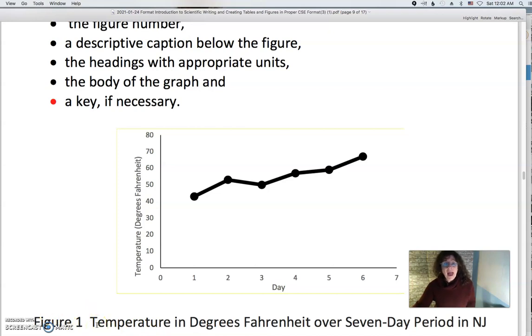The table had the caption above the table. The line graphs have the caption below. This one is temperature in degrees Fahrenheit over a 7-day period in New Jersey. That is below the line graph. And the headings with appropriate units are on the axes. This is degrees Fahrenheit, the units, the body of the graph, and a key if necessary. In this case, we don't have a key.